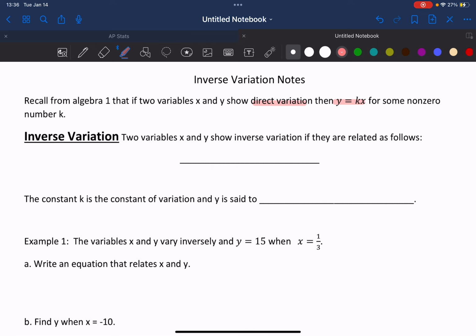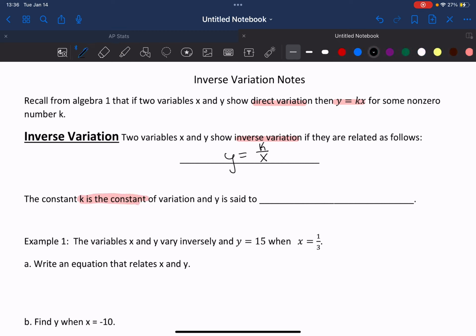We're going to learn about inverse variation. And inverse variation has the formula y is equal to k divided by x. So notice that it's the opposite of direct variation. So instead of multiply, we're dividing. K is a constant.